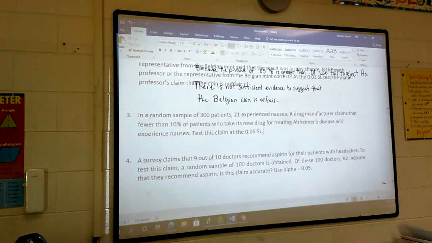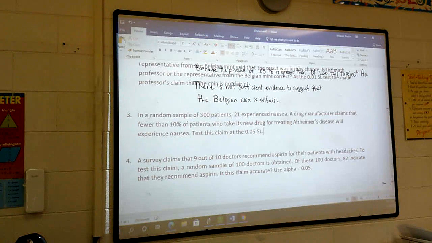Is this claim accurate? So the claim is that 90% recommend aspirin. The question is saying, is that claim accurate? So it would be not equal to 90% that we're testing for. Does it say, is it less than or greater than? It just says, is the claim accurate? That's what we're trying to find out.